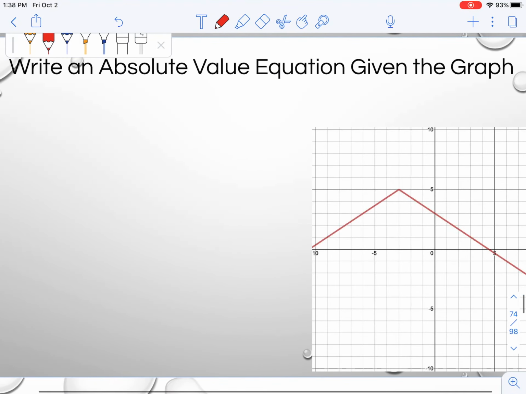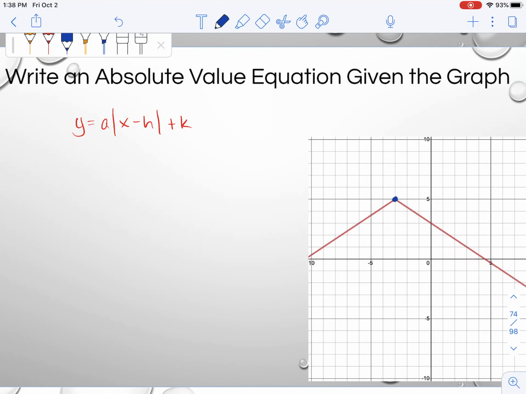Last but not least, I want to be able to write an absolute value equation given a particular graph. So again, let me remind you of my general form: a times the absolute value of x minus h, plus k. So I am able to identify a vertex, h and k, here at the point -3 and 5.